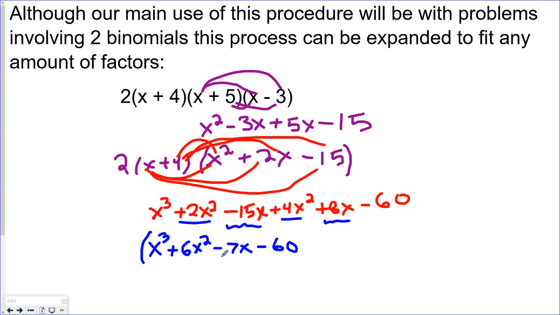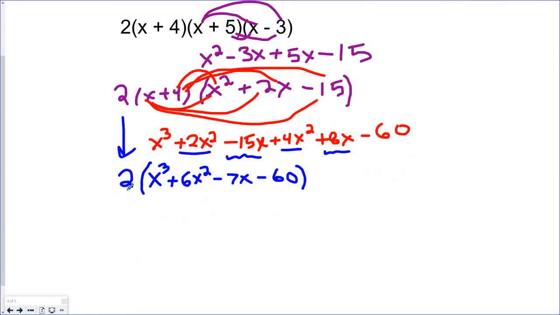This is still in parentheses. And then I bring down my 2. And then lastly, I have to get rid of this 2 here. So once again, I take everything in the first, which is just a 2, and multiply it to everything in the second.